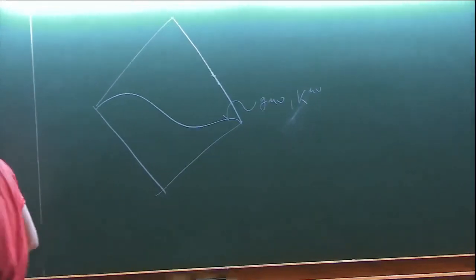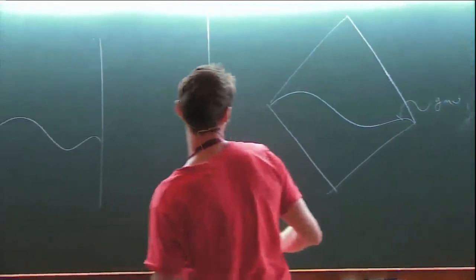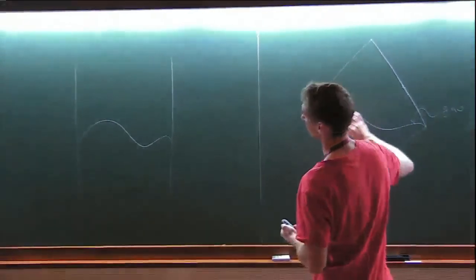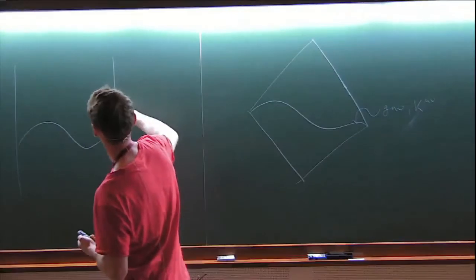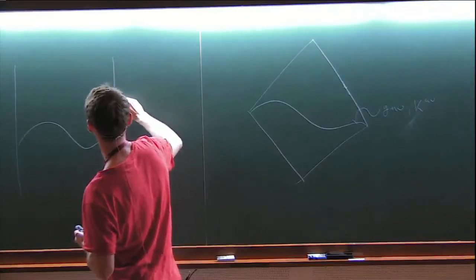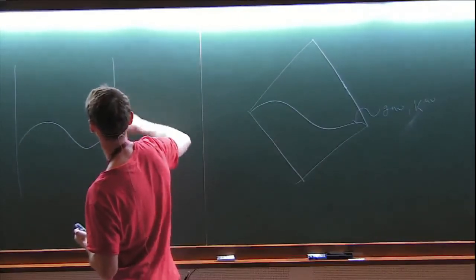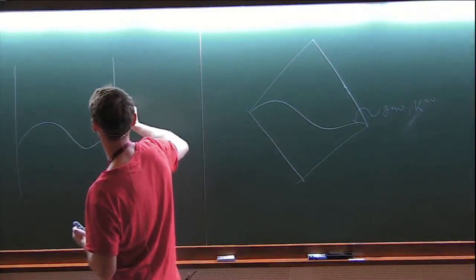In anti-de Sitter, this is different. You always have to provide, in addition, boundary conditions to get a well-defined initial value problem and a well-defined domain of dependence. If you don't provide boundary conditions, the problem is not complete.